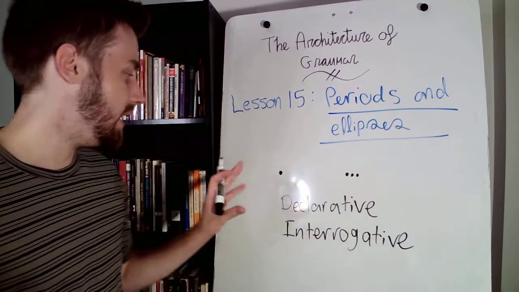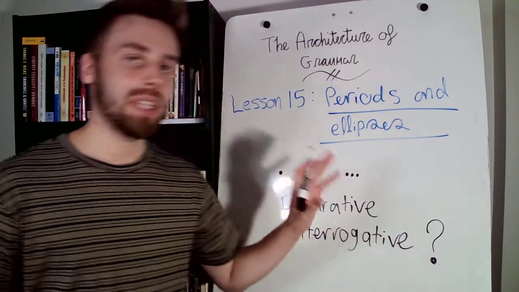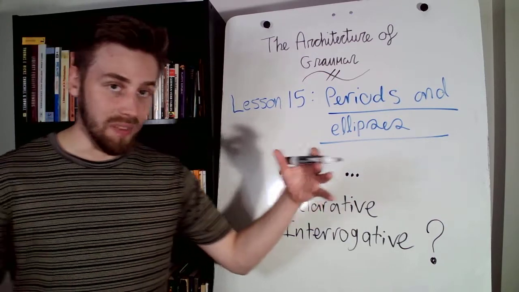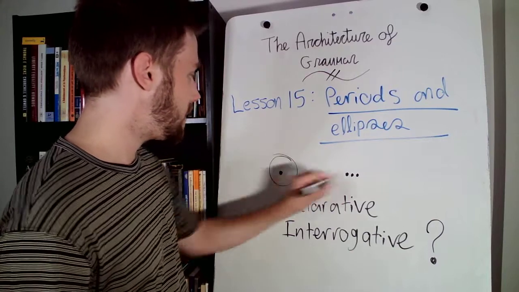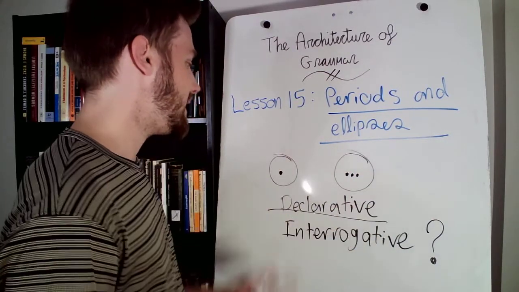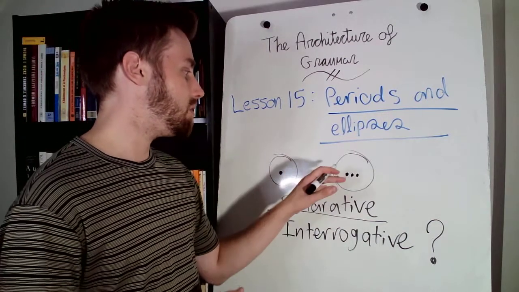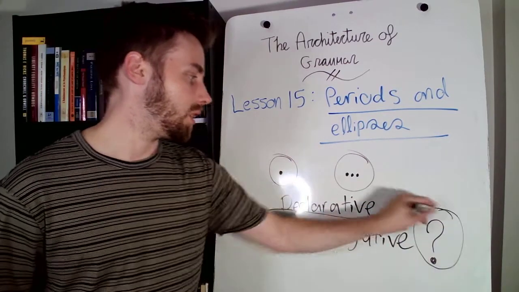It is the type of sentence where we use question marks. We're going to be talking about question marks in one of the upcoming videos in this series, but here, when we're dealing with periods and ellipses, we're dealing with declarative sentences, although it is true that in some cases we could have an ellipsis and then have a question mark.